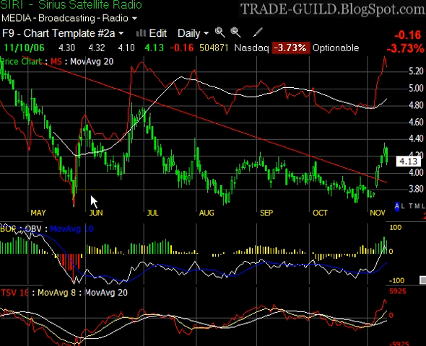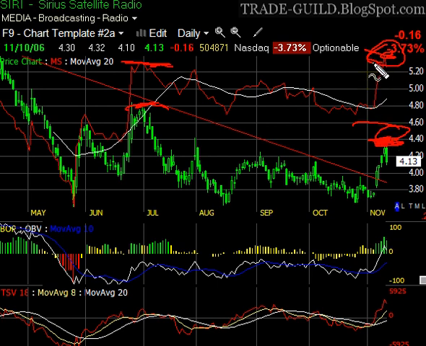We'll take a look at the accumulation distribution indicators, and immediately what I'm seeing is a nice divergence in money stream. Look where money stream is here. It's actually higher over here, but price is actually lower over here. So we have a higher money stream reading on lower price. That's a positive divergence.